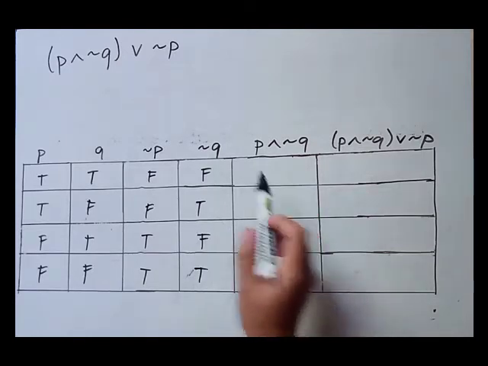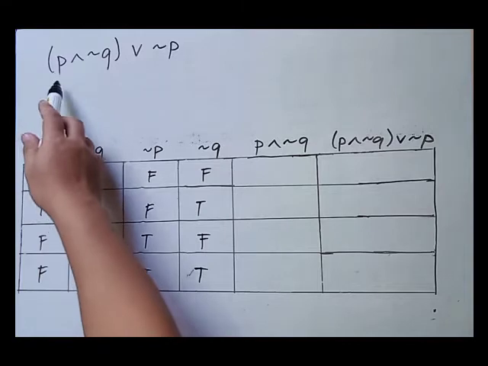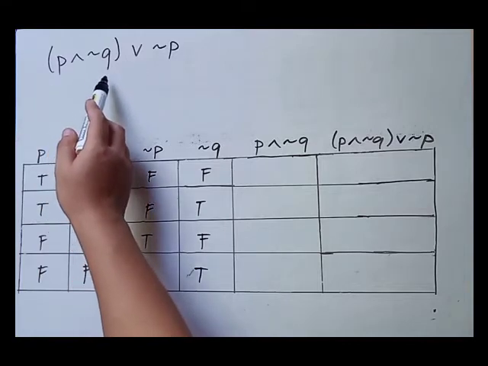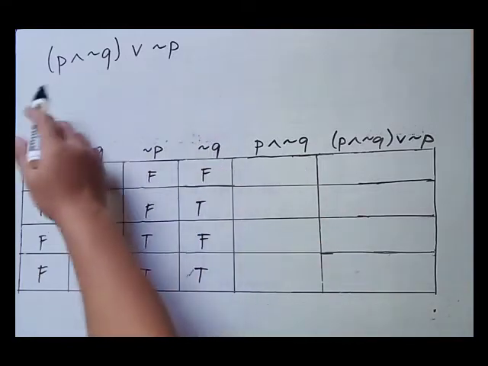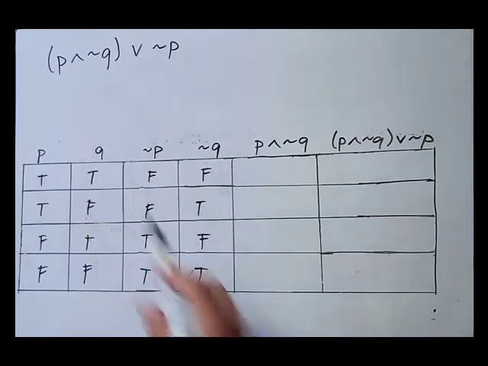Next, we have to get the truth value of P and negation of Q before we will get the truth values for the whole thing.